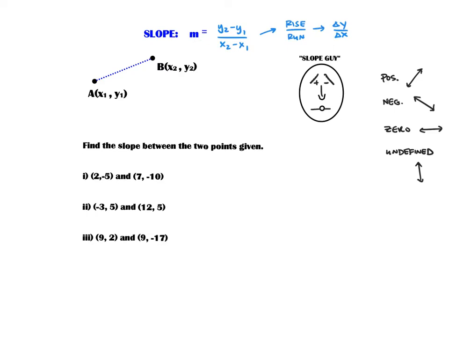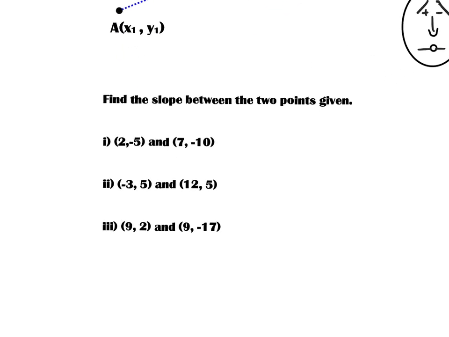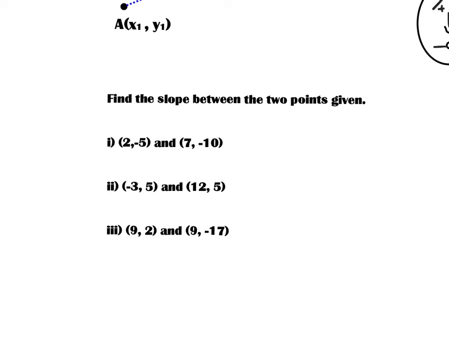So with that formula, let's go ahead and find the slope between these 3 pairs of coordinate pairs. I'm going to name all of the first coordinates x1, y1, and all of the second as x2, y2. So let's use our formula.